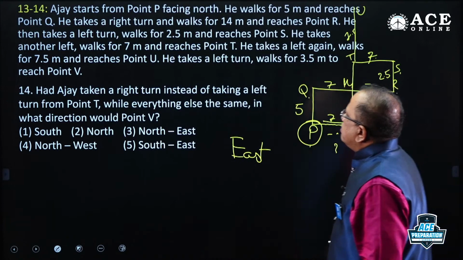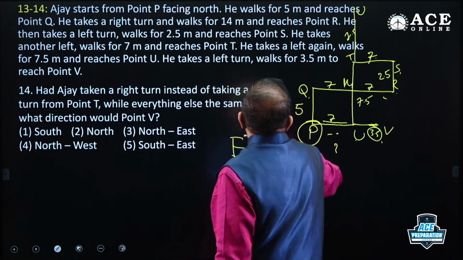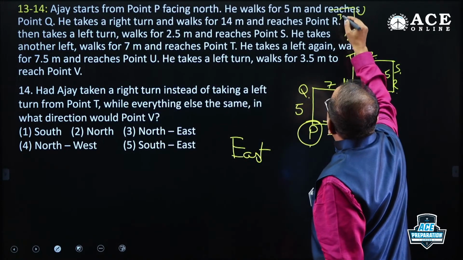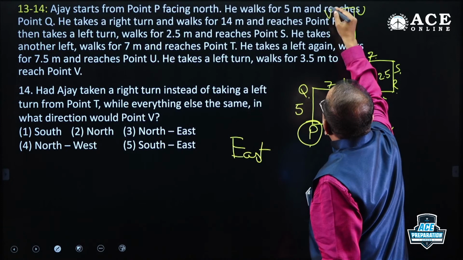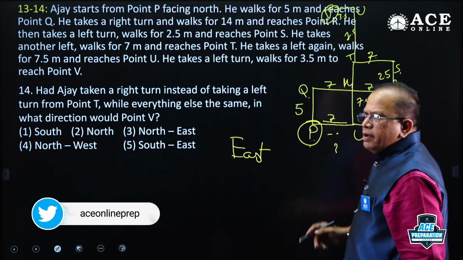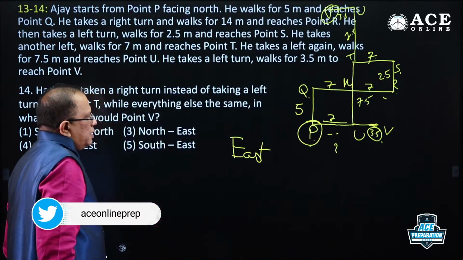Now from U, what is the direction? He takes a left turn and walks for 3.5. So V will be here. Now with respect to P, V will be in which direction? Now come on, tell me.